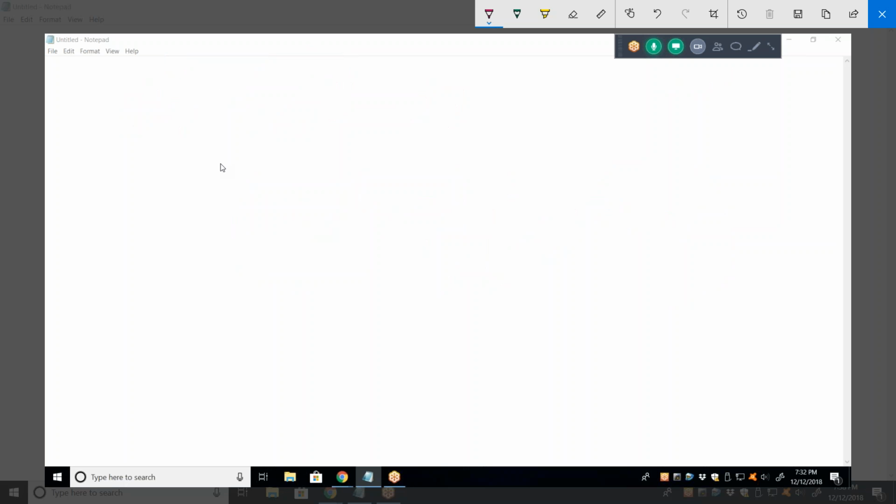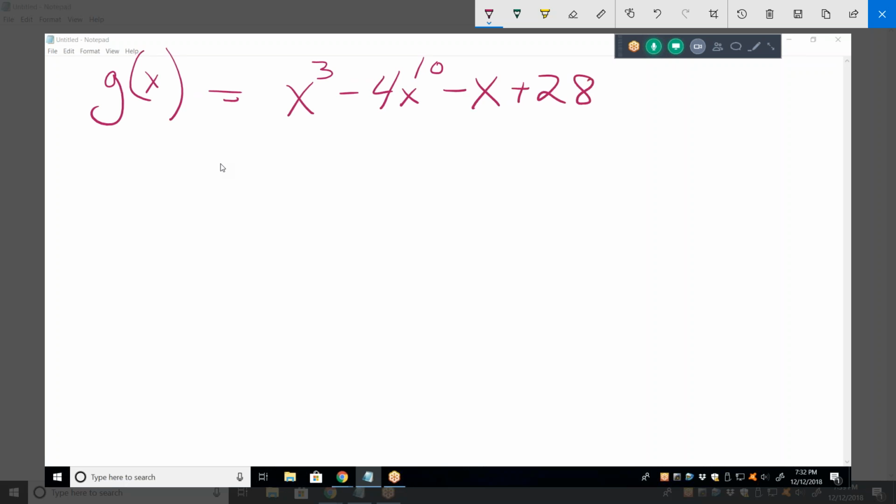What else you got, Jonathan? So then the next problem wants the same as the previous problem, and it's x cubed minus 4x to the 10th minus x plus 28. Did I write that correct? Yep. What's the degree? The degree is 10. What's the leading coefficient? Negative 4.